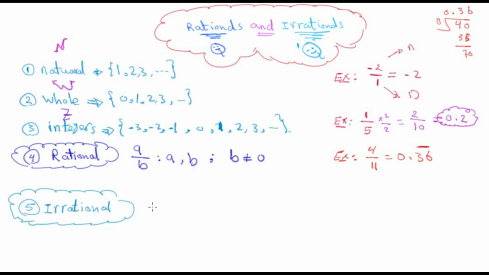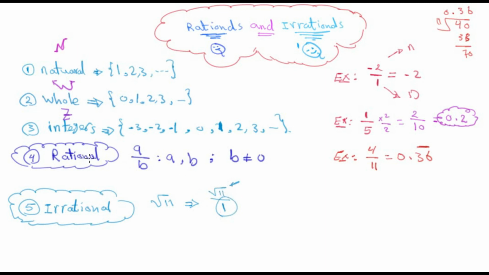Like what? If we take, for example, the square root of 11, I can't write it as a over b. Maybe someone will say I can write it as square root of 11 over 1. That's okay for the denominator, that's an integer, but the numerator is not an integer.